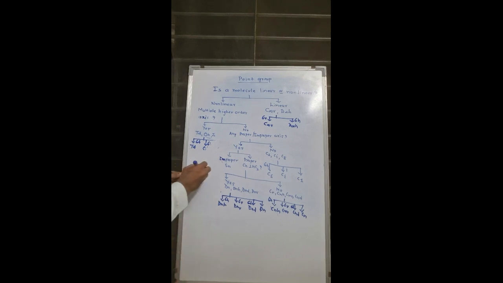Next molecule is anthracene. This molecule consists of E, C2, C2 perpendicular to two C2s and sigma H. It means the point group is D2H.